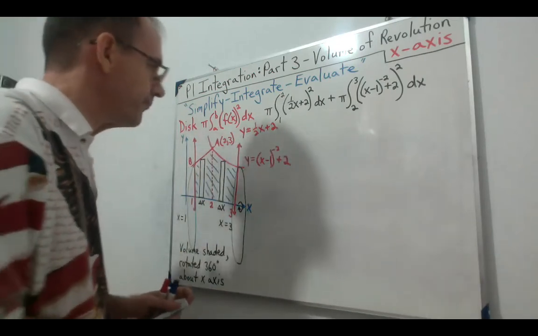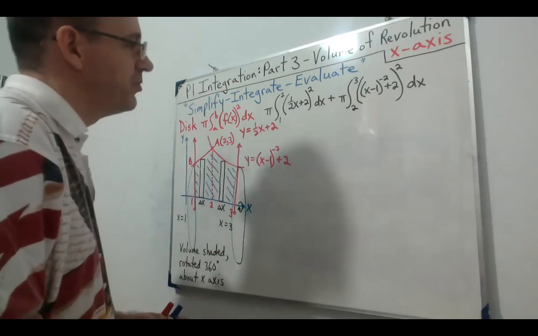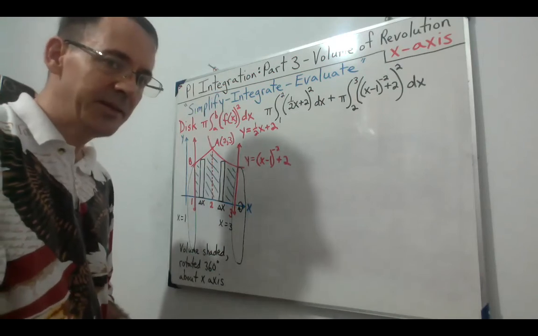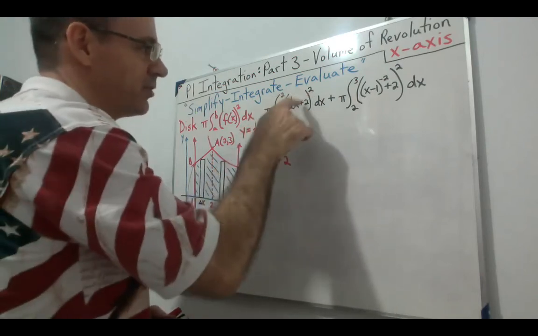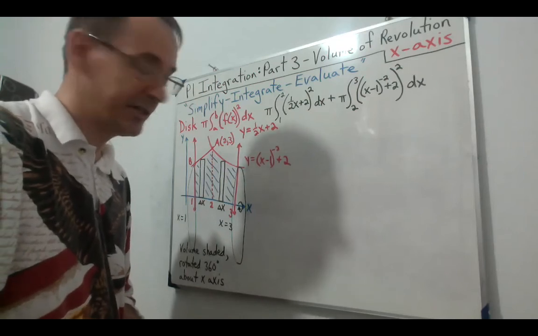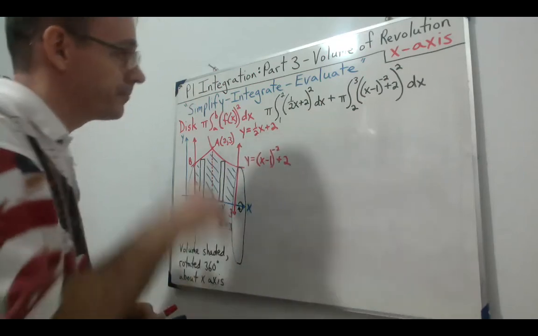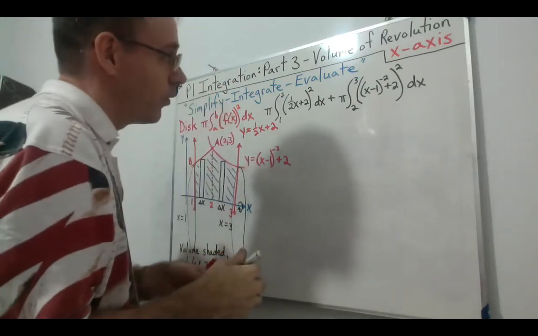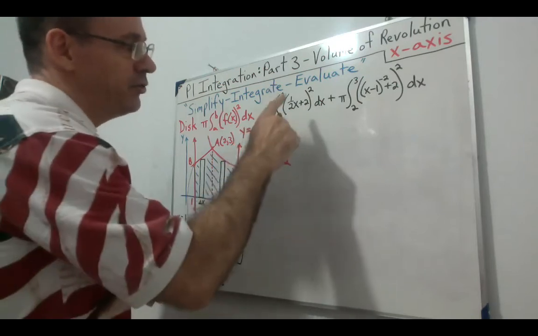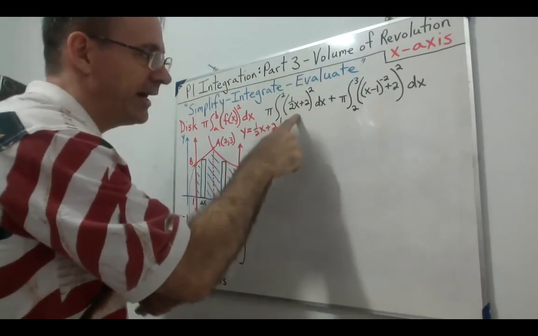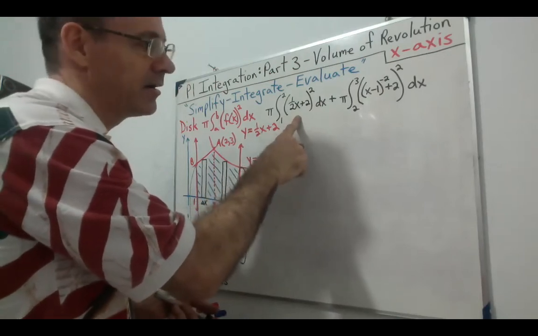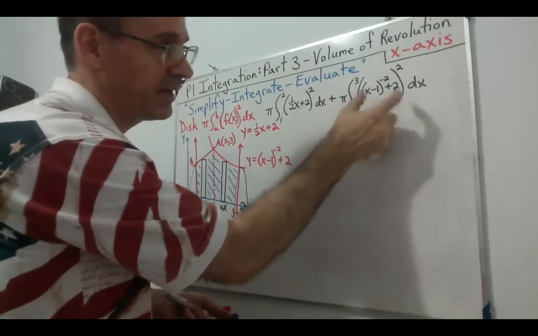Okay, now what we want to do is move into the simplify part. The simplify means we want to go ahead and expand our squares here. And this is my recommendation. You could actually go ahead and integrate this without expanding. This one would be more difficult because it has two terms.